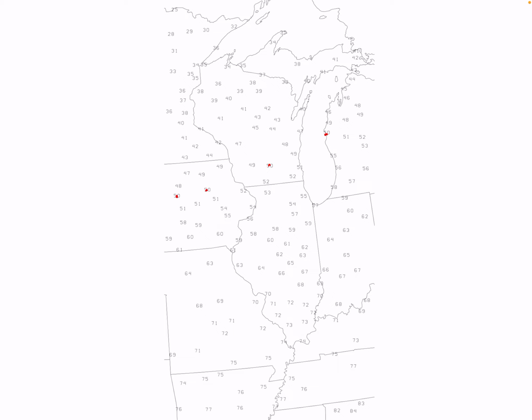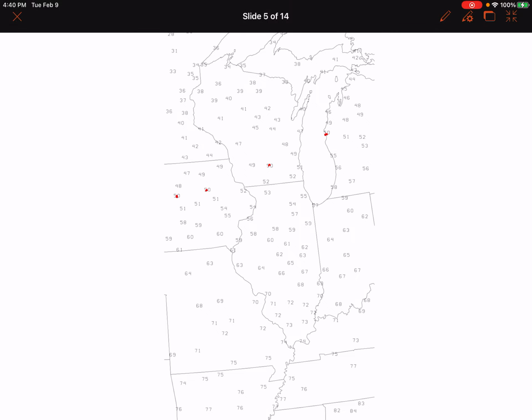We see here that we have values between, say, 49 and 52 along the Iowa-Wisconsin border. We know that 50 would fall in between there and would likely fall a little closer to 49 than 52 because it's only 1 degree away. So we might say that our dot would be right around there.